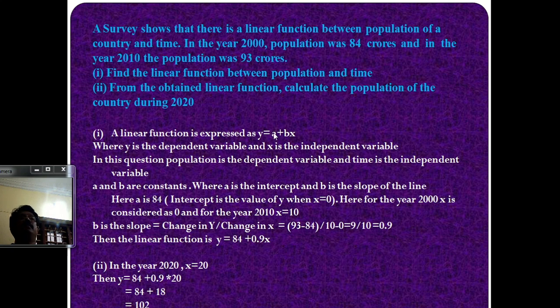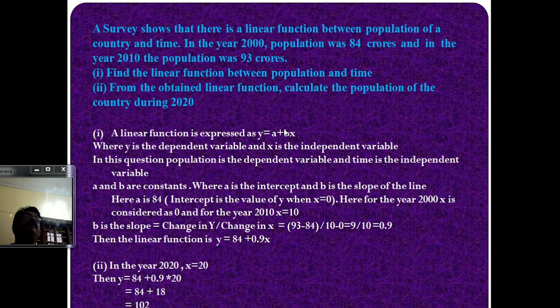Then what is intercept? Intercept is nothing but the value of the dependent variable when the value of the independent variable is 0. Or technically we can say that the value of y when x is equal to 0, that is what is known as intercept. B is the slope of this straight line.